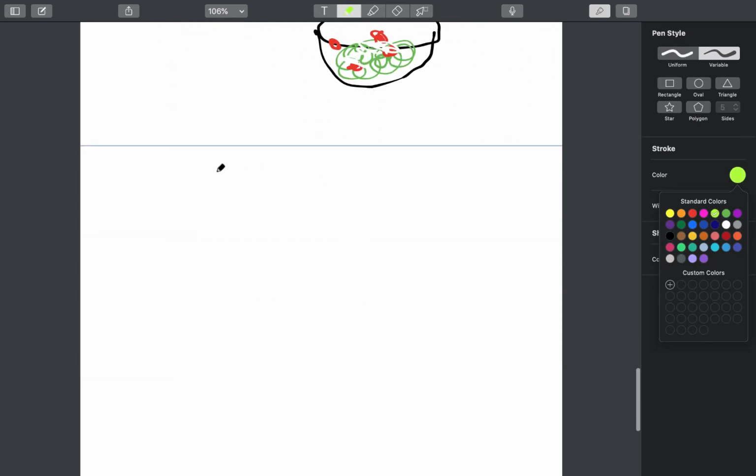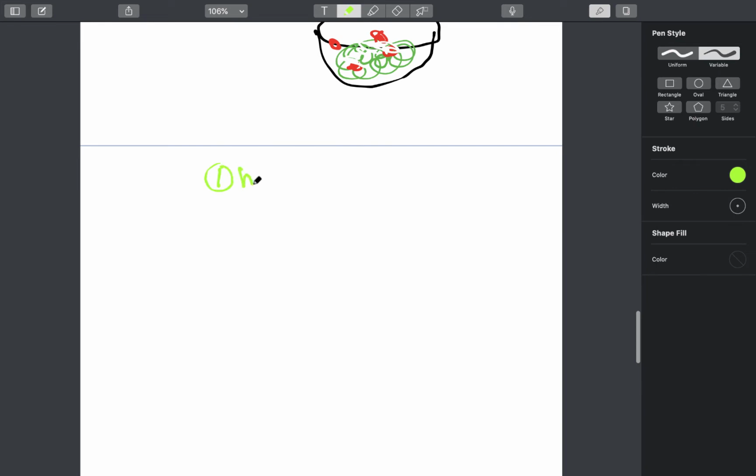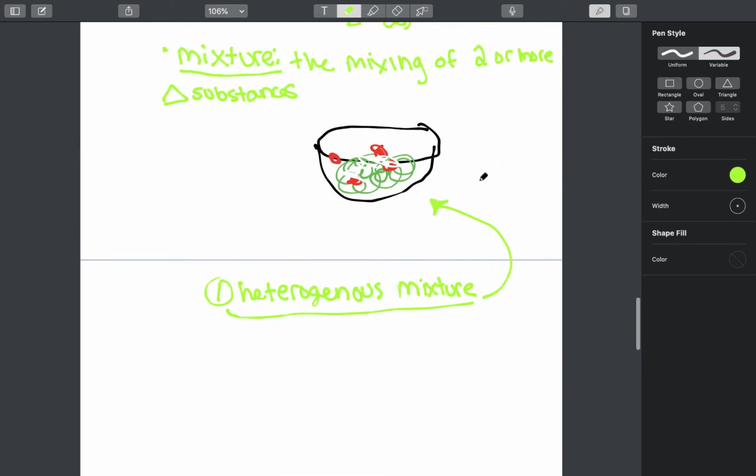The first type of mixture is something called a heterogeneous mixture. A really good example of a heterogeneous mixture is a salad.